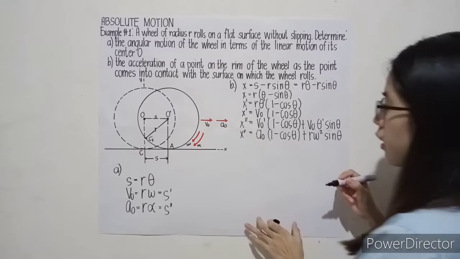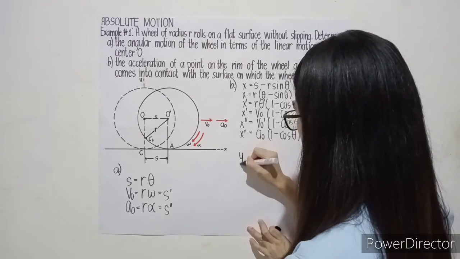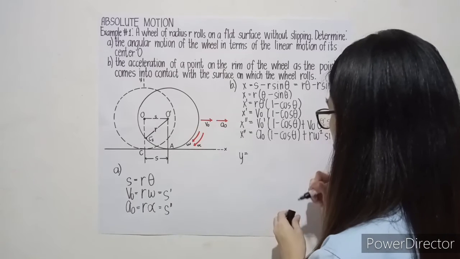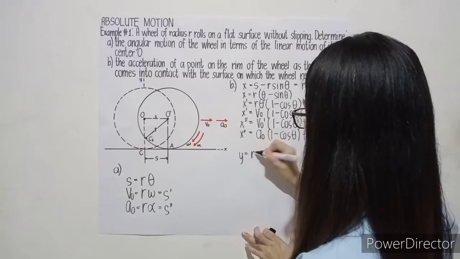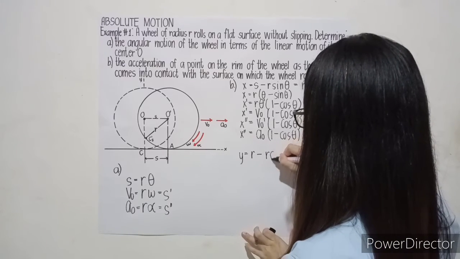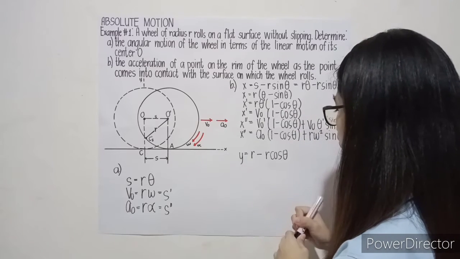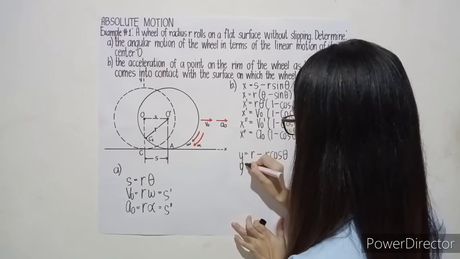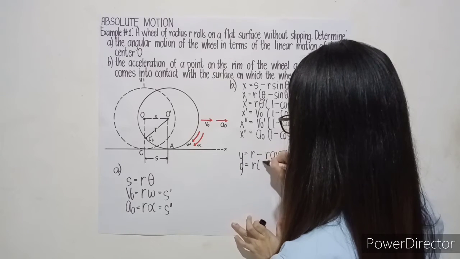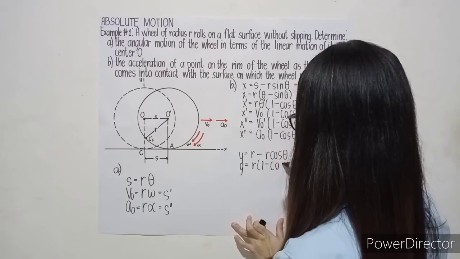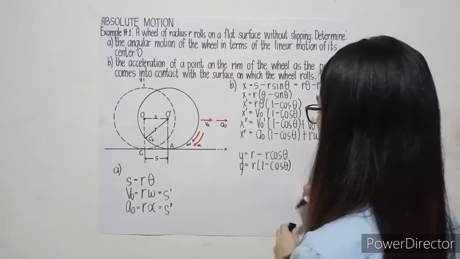And then next is for coordinate y. So we have r minus r cosine theta. By factoring, y is equal to r times 1 minus cosine theta.